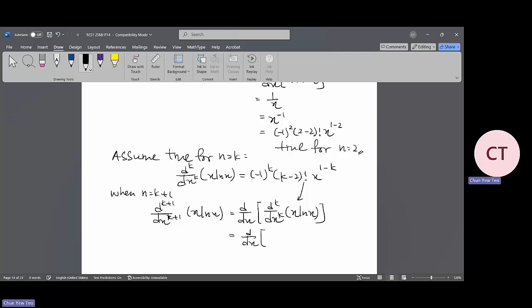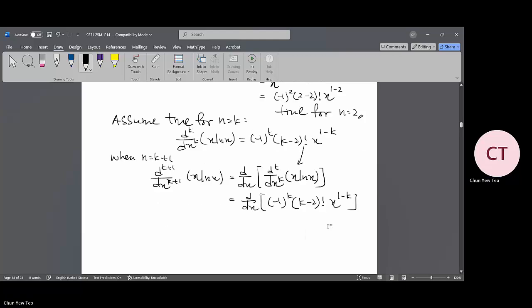That means I just need to differentiate negative 1 power k minus 2 factorial, and x power 1 minus k. So these are constant. When you differentiate, the constant can be brought out. It's not affected by the differentiation. I just bring the constant out. Then inside here, I differentiate. I get 1 minus k, then x power 1 minus k minus 1.